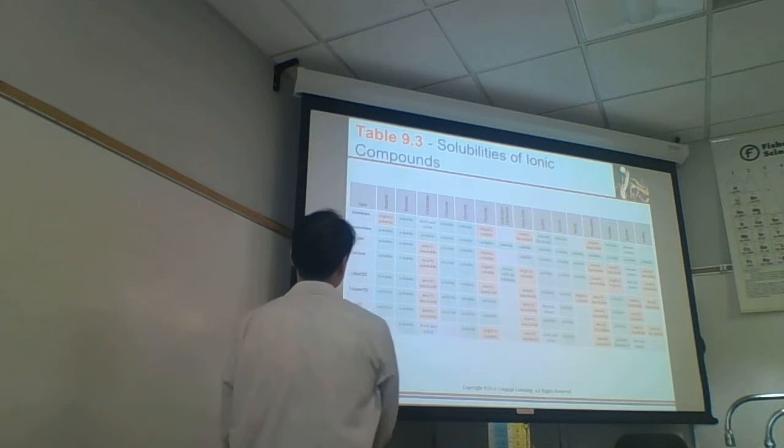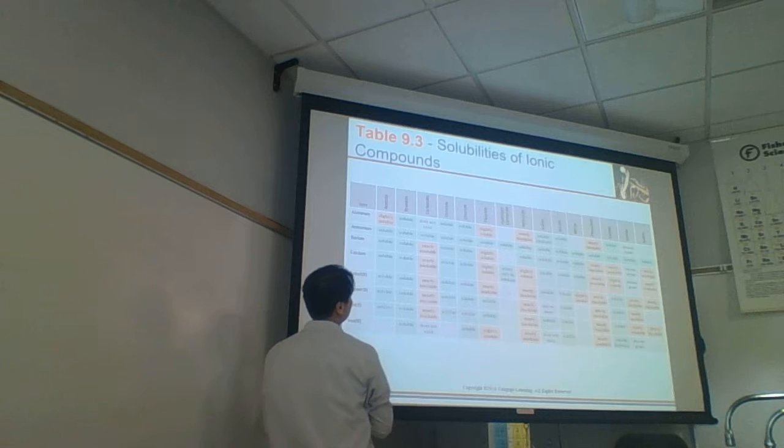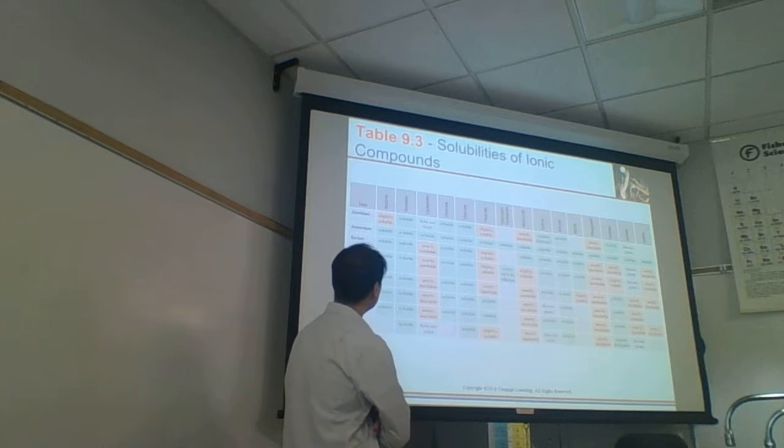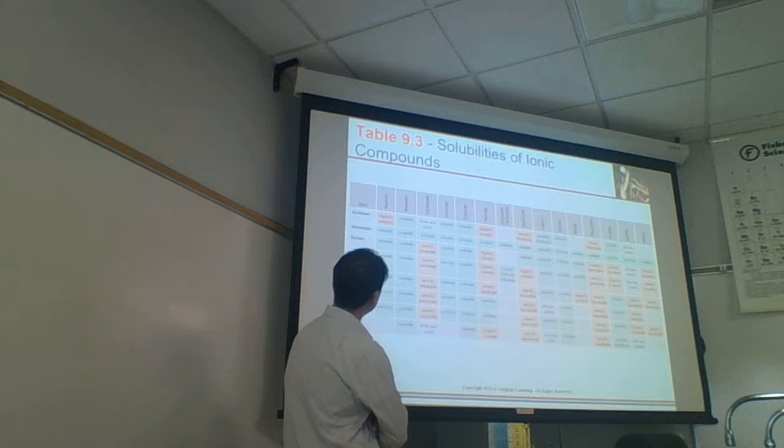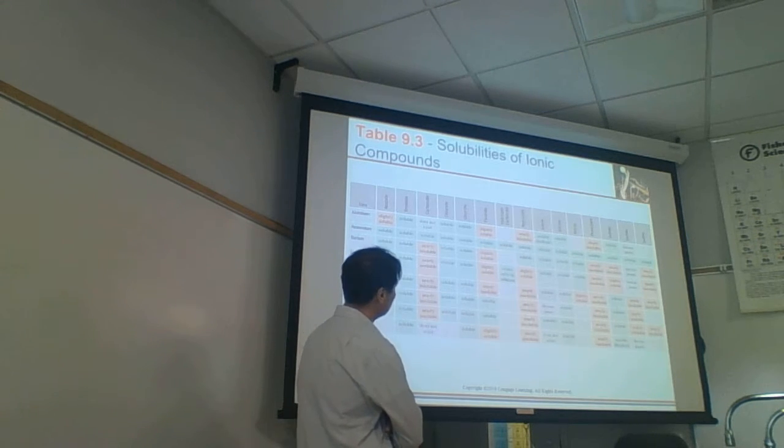Like, for example, aluminum acetate, they say slightly soluble. Slightly soluble means a little bit dissolved. Aluminum bromide is soluble, which means a lot of it dissolved. Aluminum carbonate does not exist. I don't know why they did that. Aluminum chlorate, soluble, etc. So we have this chart here.